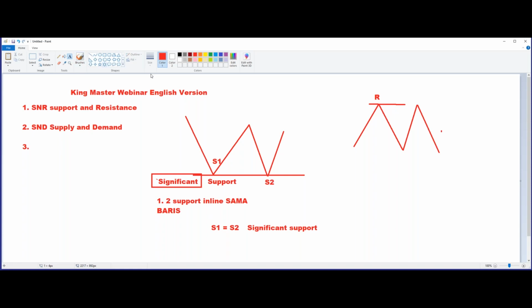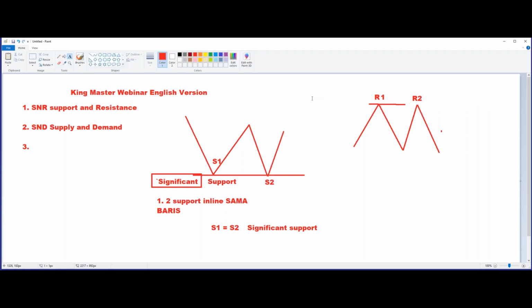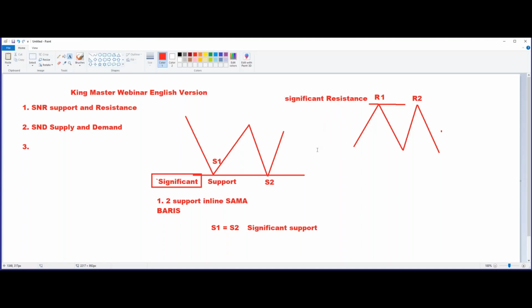It makes an R2, and this one is R1. So this is what we call significant resistance. So far, do you follow? Any problem with significant support and significant resistance? This is very, very important.